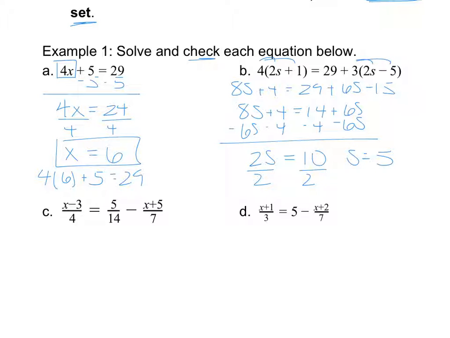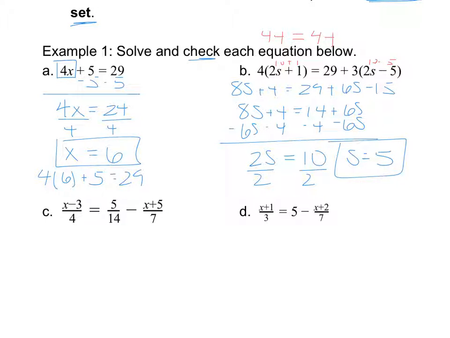If I replace s with 5 at the beginning, this becomes 2 times 5, or 10, plus 1, which is 44, equal to 2 times 5 is 10, minus 5 is 5, times 3 is 15, and 15 and 29 is 44. All right, so that one worked as well, and my solution is s equals 5.